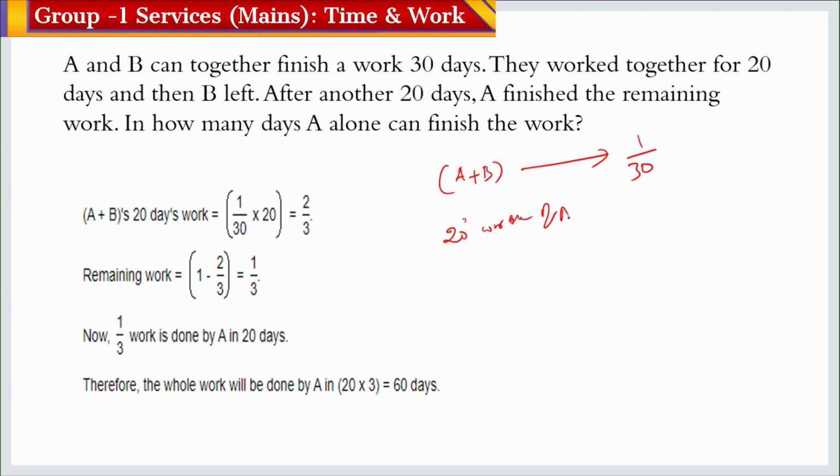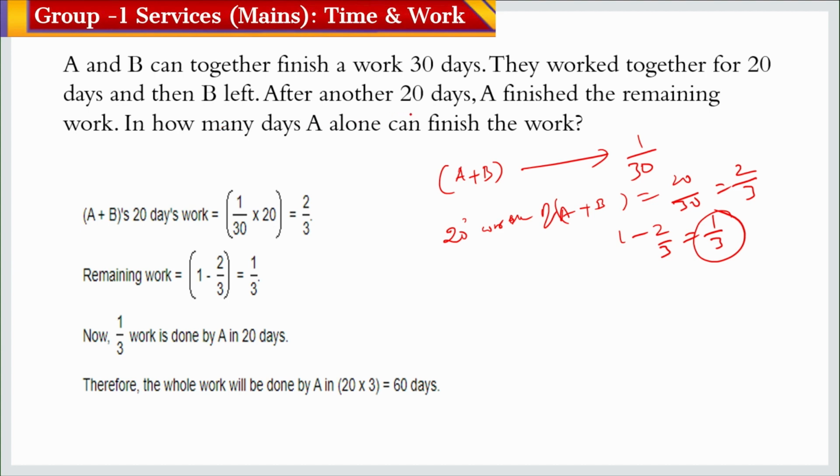of A and B, A plus B means 20 by 30, that is 2 by 3, correct. What is the remaining work? 1 minus 2 by 3, which is 1 by 3. So 1 by 3 work was left. B left.